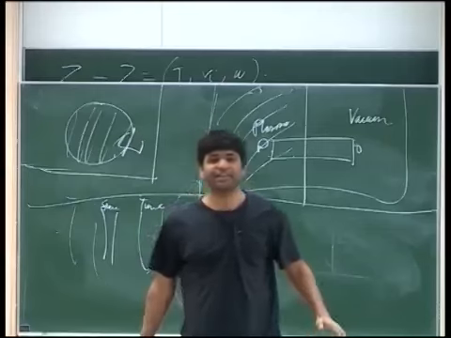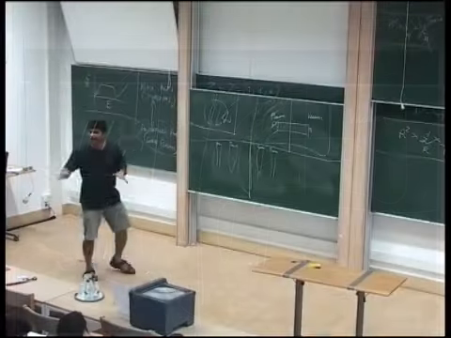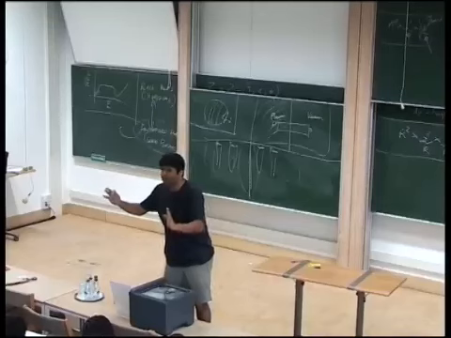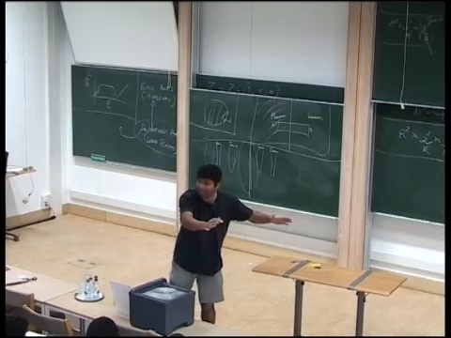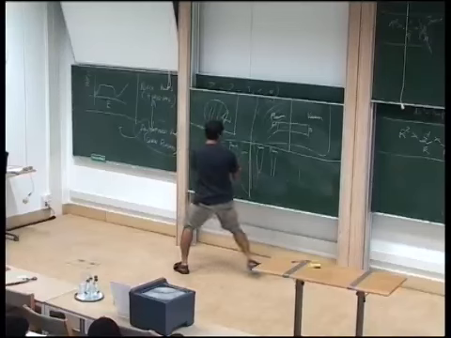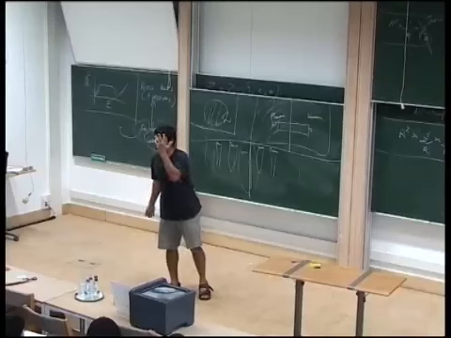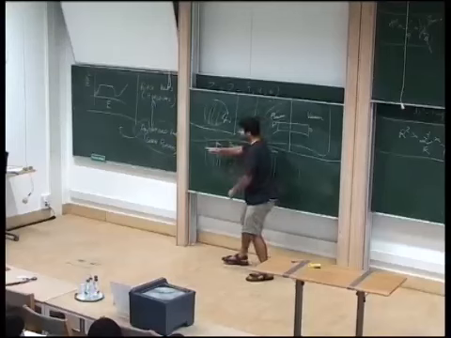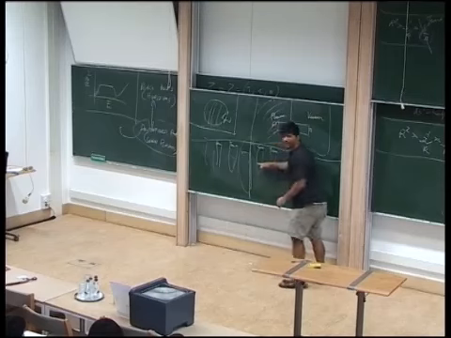Okay? There are many things we could discuss about the solution, but we don't have the time for all of that. So I want you to take away this fact that there exists such a solution of interpolation between. The other thing I should say is that once you go far away, and by far I mean far compared to the mass gap of the theory, 1 over r, once you go far away from this domain wall, this solution becomes indistinguishable from the black brane on the left and indistinguishable from the vacuum on the right.